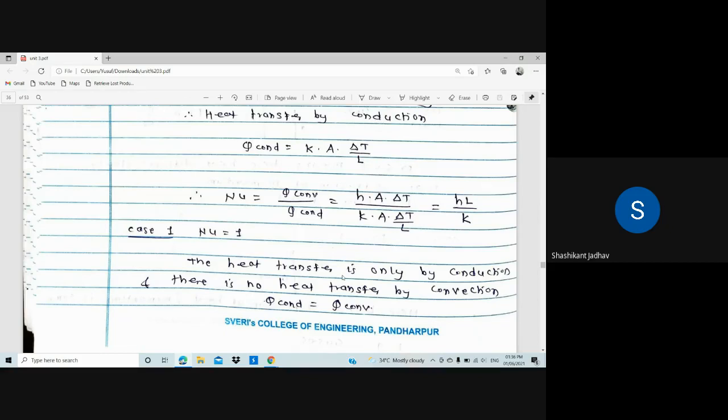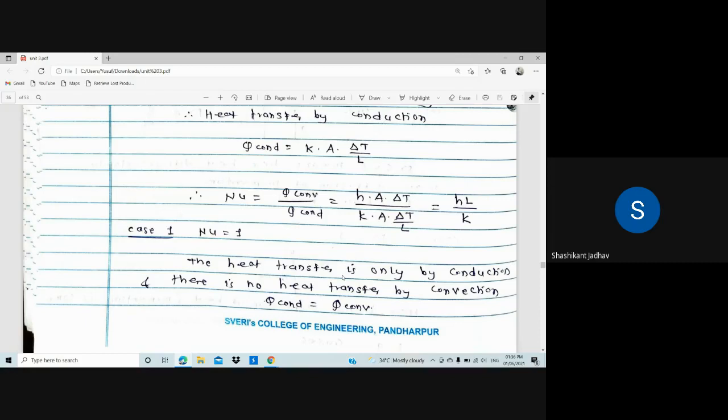The equation for Q convection is H into A into delta T, and for Q conduction is K into A into delta T divided by L. So A and delta T will be cancelled. The remaining equation is HL by K. This is the equation for the Nusselt number, HL by K.